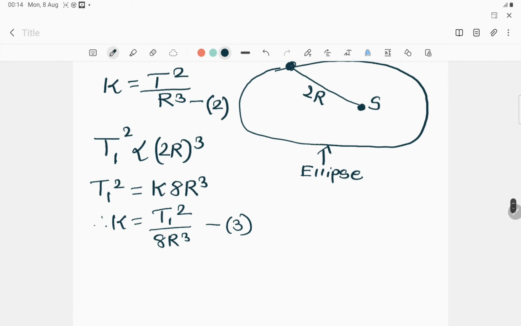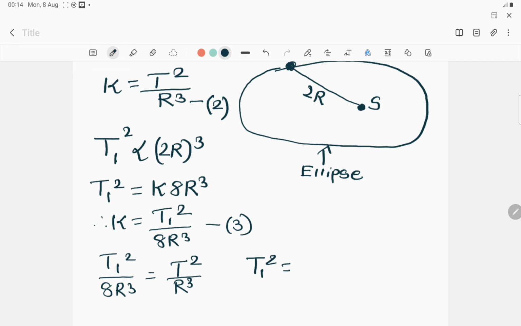Now from equations 2 and 3, what do we get? t1 square upon 8r cube is equal to t square upon r cube. Now we need to find the time period of revolution, which is t1.